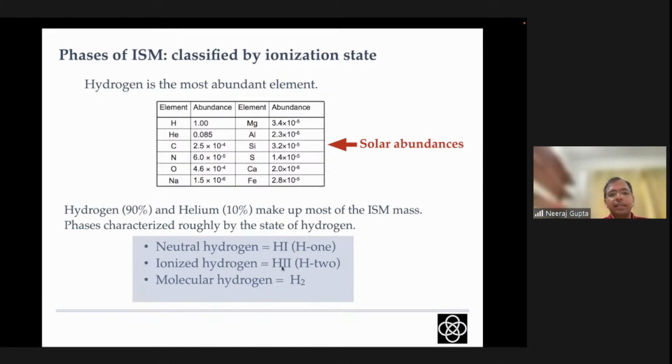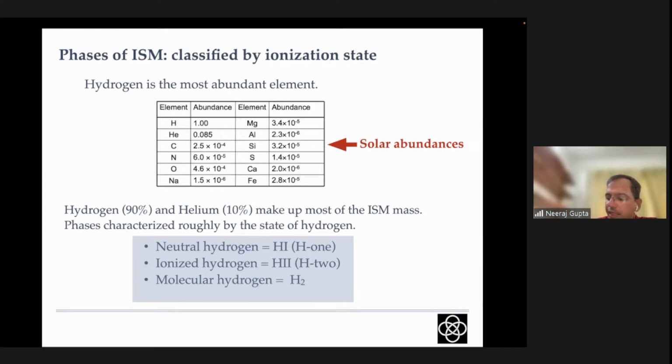If it is in the ionized phase, then we will call it an HII region or the HII phase. And if it is mostly molecular, then we will call it a molecular phase or the molecular cloud. And you'll be surprised to know that in our own galaxy, the Milky Way, and I'm going to give you some numbers, that is by mass.